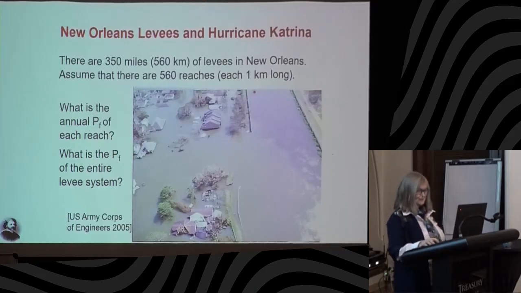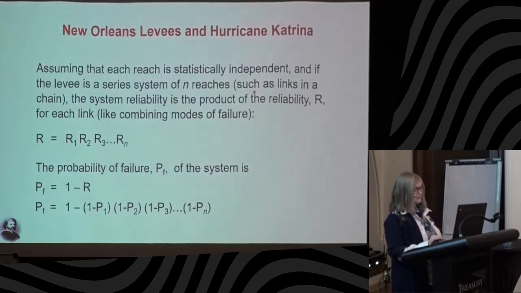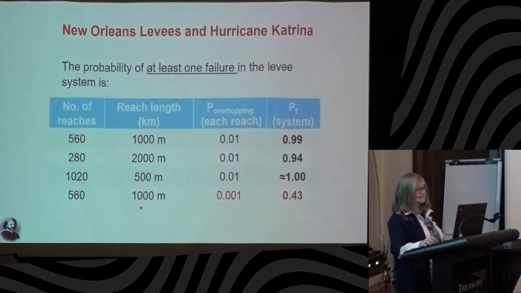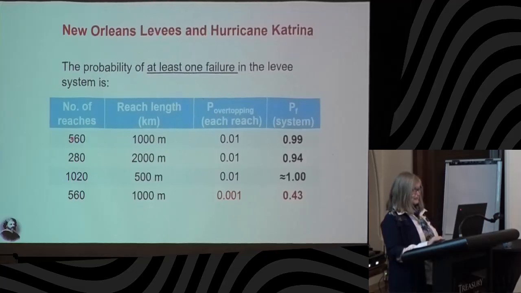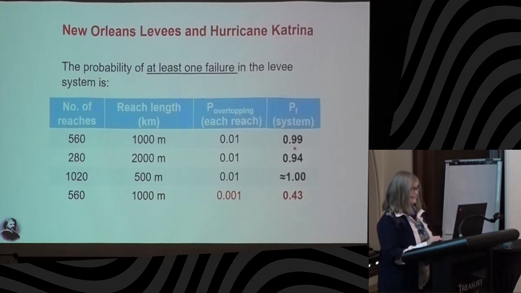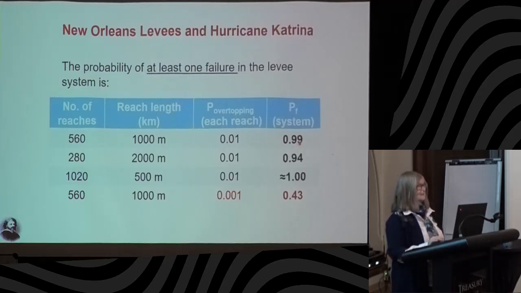That we can always use statistics to calculate, and I will probably not go too much into detail, but it's a function of the product of the probability, or the complement of the probability. And then the probability of at least one failure of the levee system. If you have 500 reaches, and they're 1 kilometer long, the probability of overtopping is 1%, and for the system it's 99%.